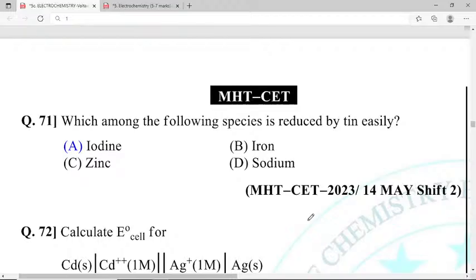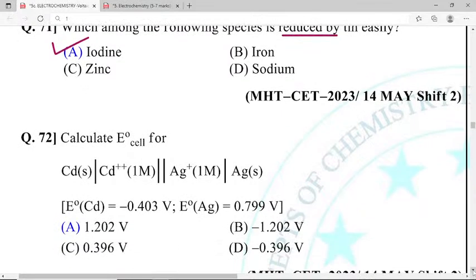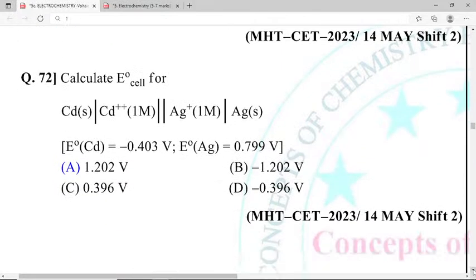Which among the following species is reduced by tin easily? Iodine, because iodine has a positive value and tin has a negative value.